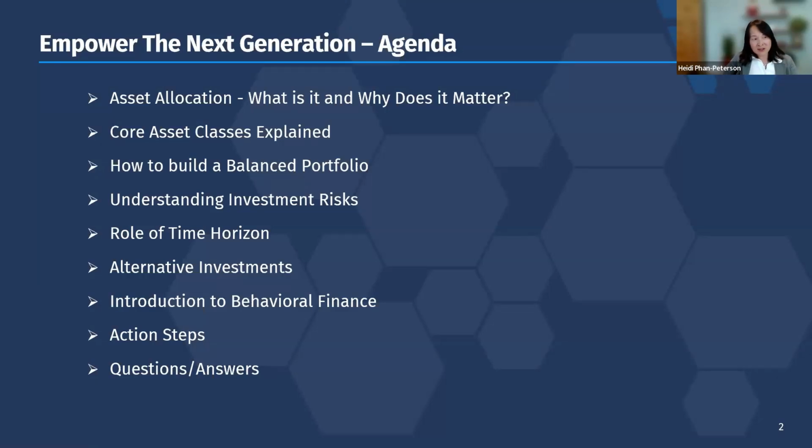Then understanding investment risks and the role of time horizon, which we'll spend a bit of time on because it's a really important concept. We will talk about alternative investments and then give you a brief introduction to behavioral finance. There's going to be a session on that next, so we'll keep that one brief. And then we'll go over some action steps and have some time for your questions at the end.